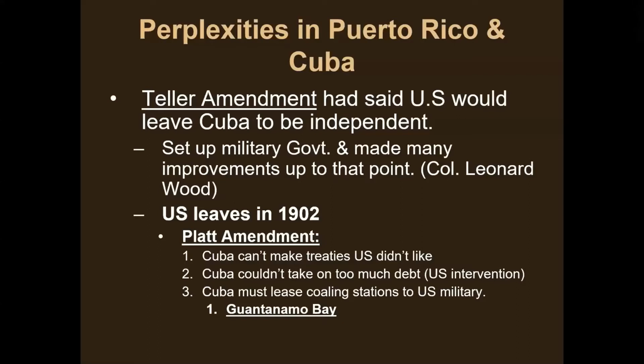They couldn't take on too much debt. And again, that was going to be the judgment of the United States. And they must lease some bases to the United States. It started out as 2, and actually still to this day, we control Guantanamo Bay in Cuba because of the Platt Amendment passed in 1902.